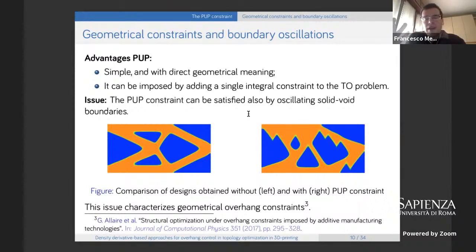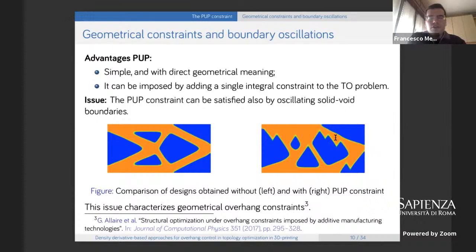A cheap way for the optimizer to satisfy our constraint is not to completely change the mechanics of our design, but simply to introduce boundary oscillations. And so the PUP constraint is not enough.